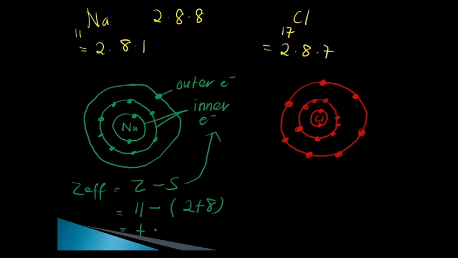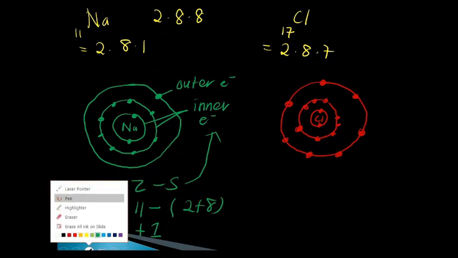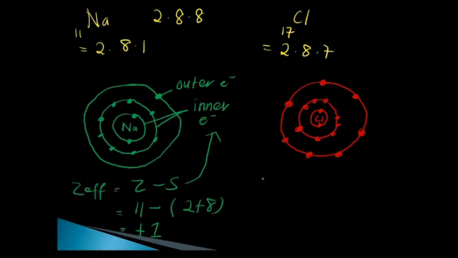That would be positive 1. For chlorine, the ZEF would be 17 minus 10, which is 2 plus 8, the number of inner electrons.